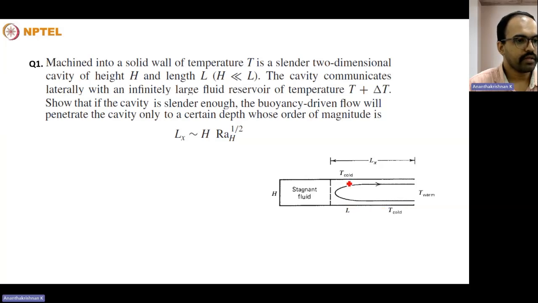So the bottom and the top wall is at T cold, and then there is a fluid which is at T warm.